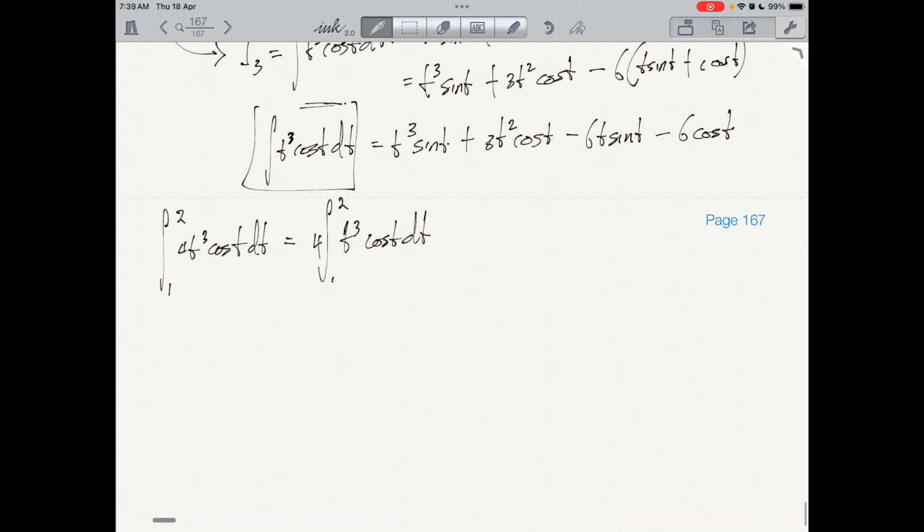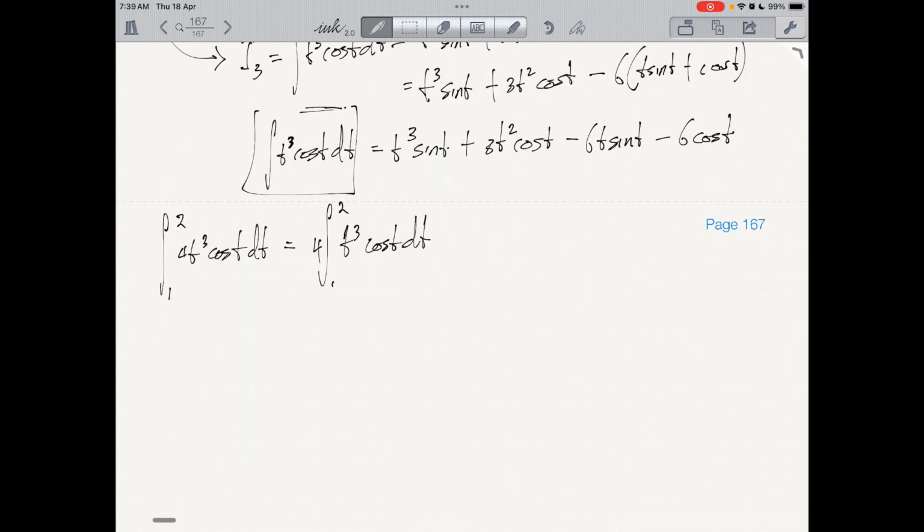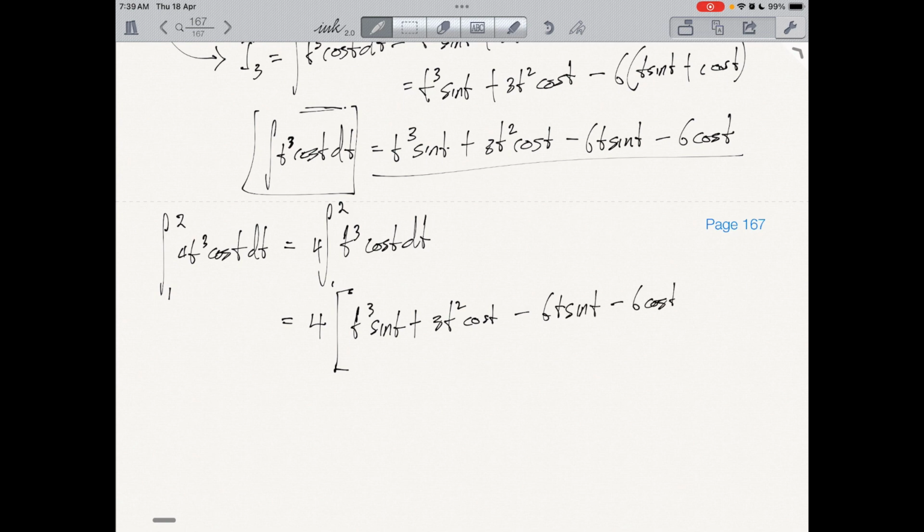Now we make our substitution since we have already integrated this, so this will become 4 into t^3 sin t plus 3t^2 cos t minus 6t sin t minus 6 cos t from lower limit 1 to upper limit 2.